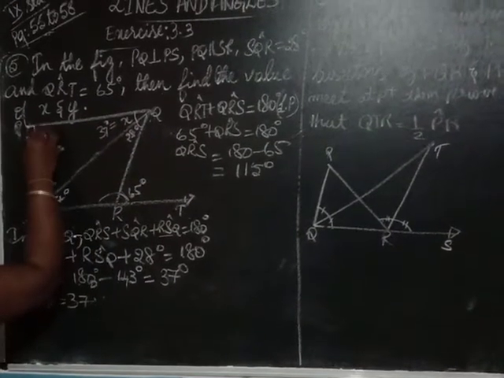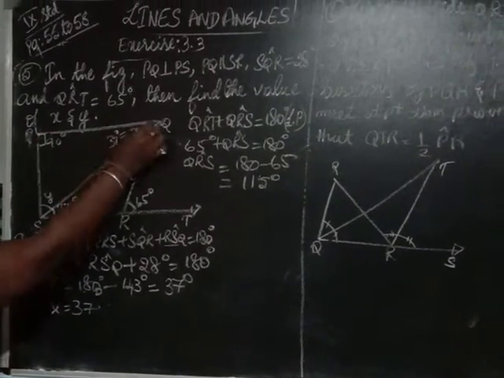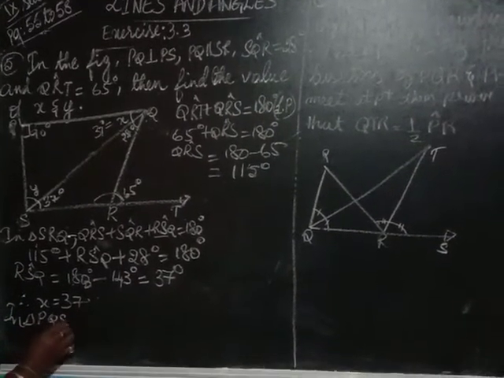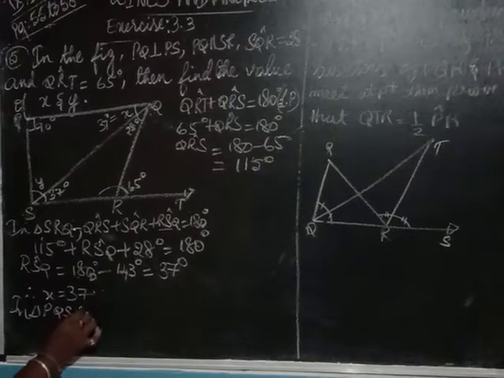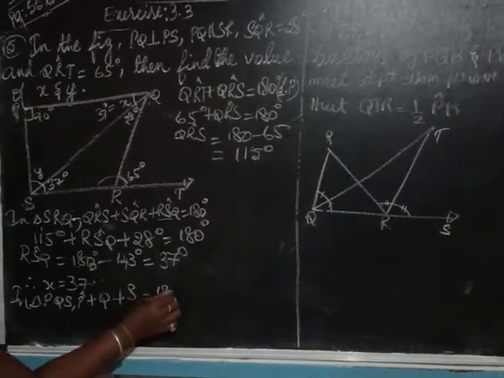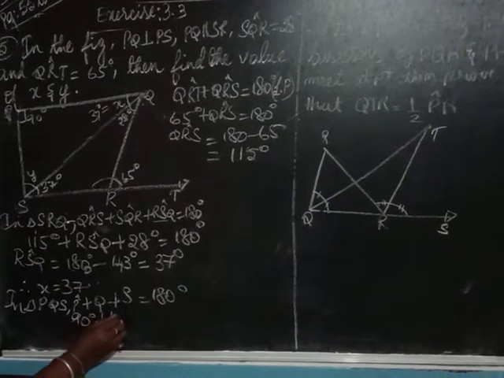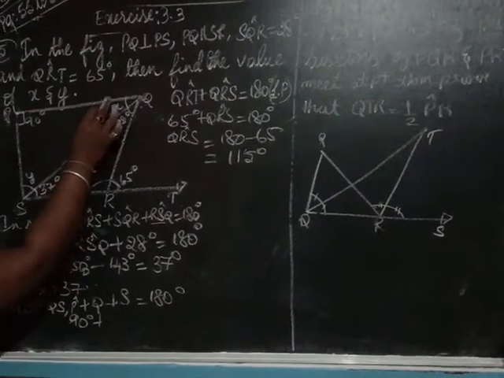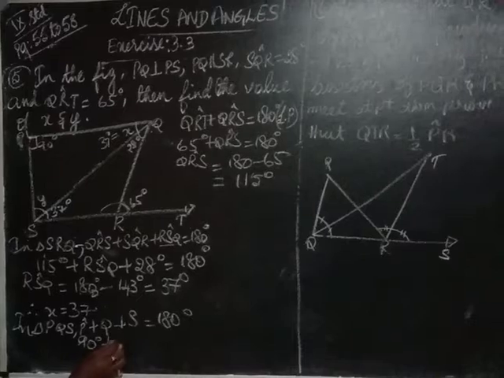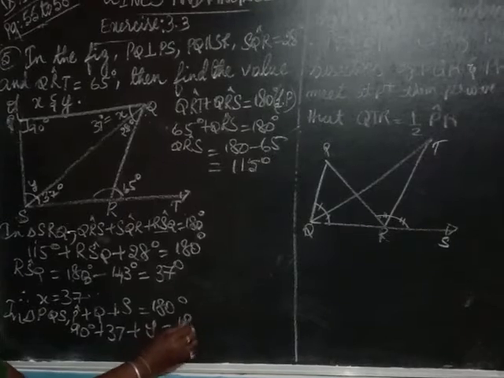So this we got 37 degrees, and this we know is 90 degrees. So can we find out this one? Yes. In triangle PQS, angle P plus angle Q plus angle S is equal to 180. Angle P is 90 plus angle Q is 37, plus S which is Y, is equal to 180.